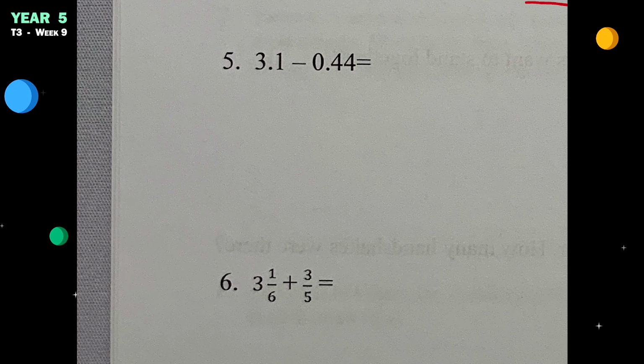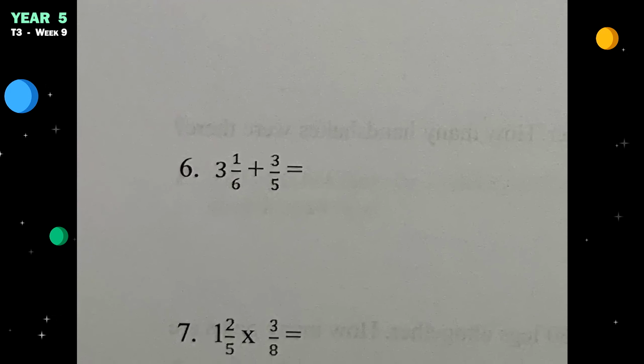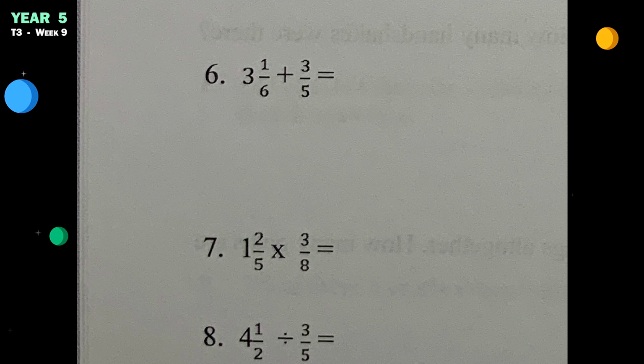Next one is 3.1 take away 0.44. Put a 0 there. Take away, very easy. Next one is we're going to add these two together, so we can turn this one into an improper fraction. So it turns into 3 times 6 is 18, plus 1 is 19 over 6.